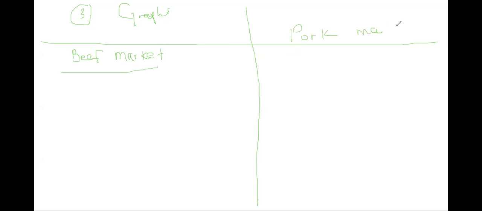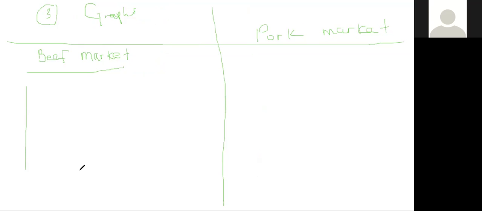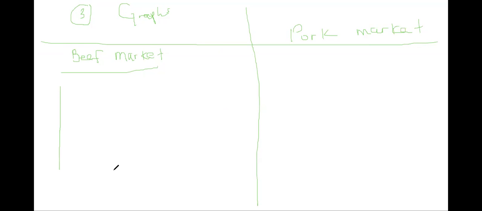Obviously, we have these 2 markets, whereby each of the markets has its quantity supplied and quantity demanded. Obviously, our famous graph, we can do it. We have price. Let's say this is the price of beef. So we will have this is the demand.